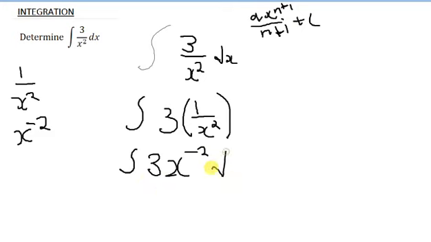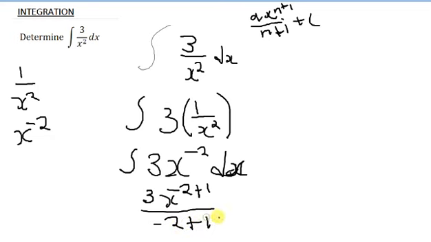Then we're going to put the x there, and we're simply going to say 3x to the power negative 2. Now remember this formula: negative 2 plus 1 over negative 2 plus 1, plus c, not forgetting our c here.